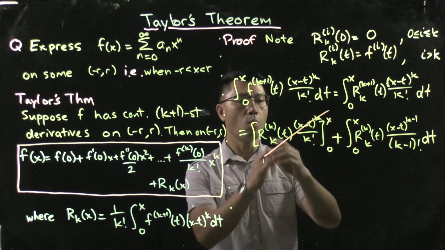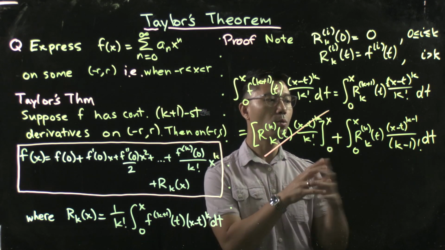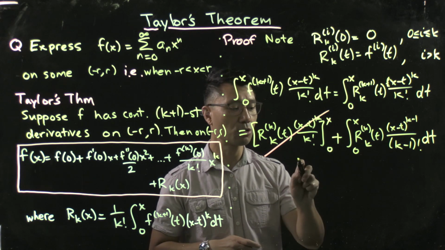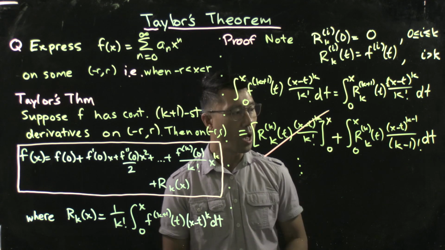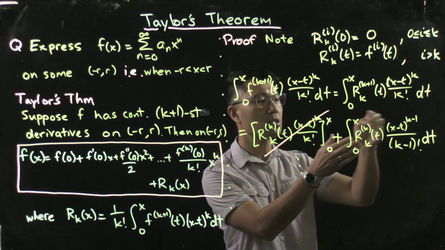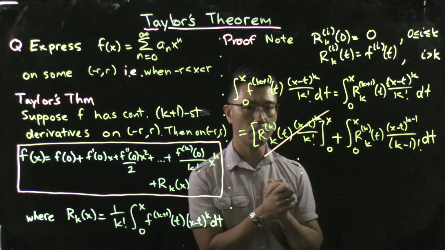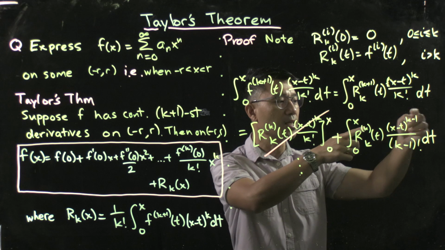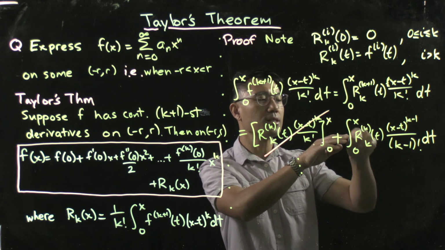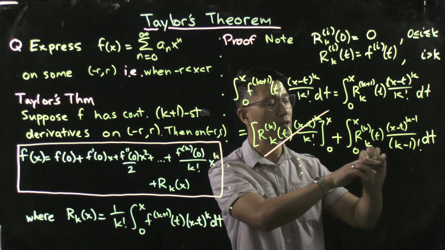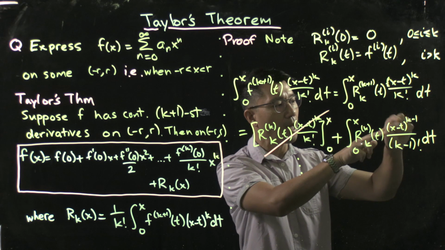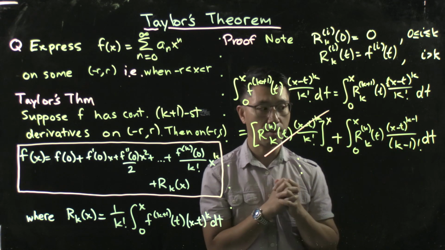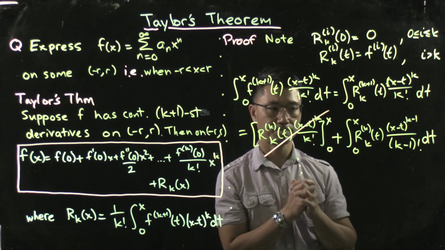And then once we forget about this term, we can look at this and say, well, let's apply integration by parts again. And we'll do something similar. We'll integrate this term and differentiate this term. And what that will do is we'll reduce the k and k minus 1 here to, instead of the kth derivative, the k minus first derivative, and in here, instead of the k minus first power, the k minus second power, and you'll have a k minus 2 factorial instead of a k minus 1 factorial.